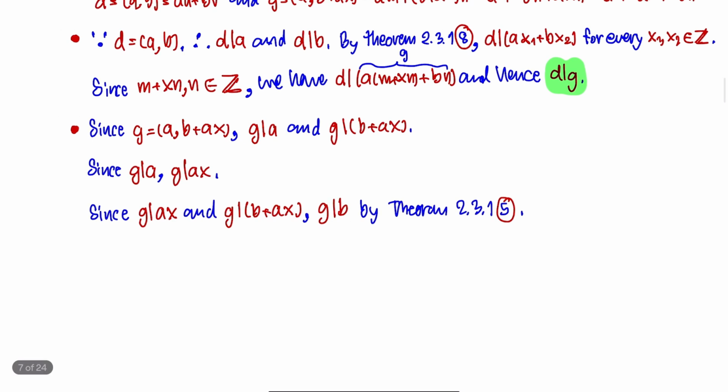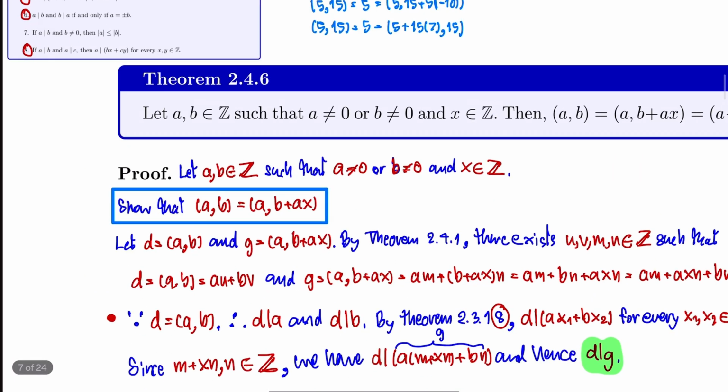Now we have G divides a and G divides b. So since G divides a and G divides b, what do we have next?